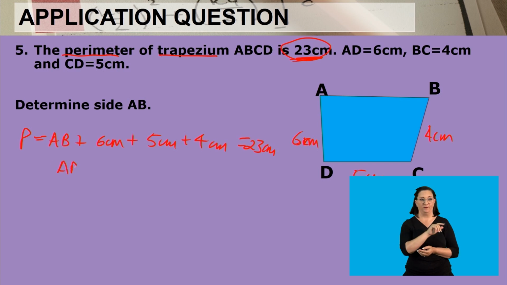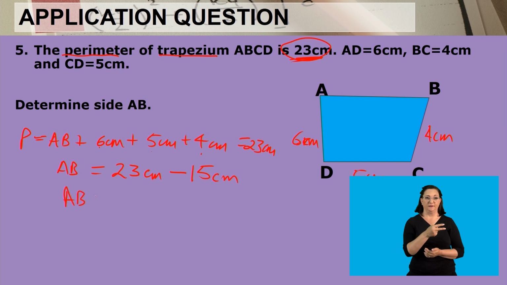Therefore, AB would be 23 centimeters minus 6 plus 4 is 10, plus 5 is 15, so minus 15 centimeters. So line AB equals 23 minus 15, which is 8 centimeters.